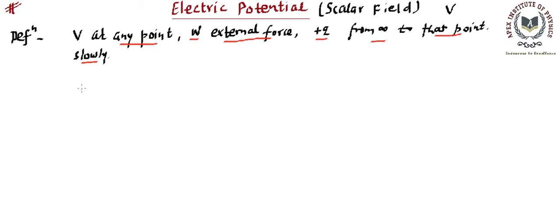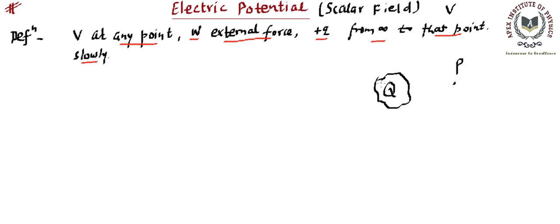Let's try to use this definition to find out what the formula is going to be. Let's say a particular charge distribution is given, which is Q, and we are interested in a point P. At this point P, we want to know the potential because of this charge distribution.